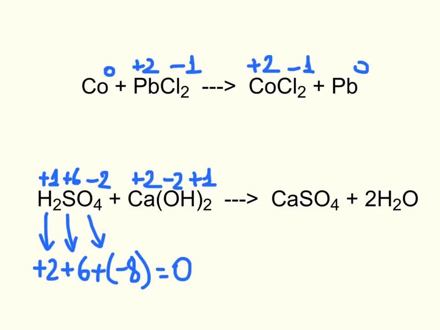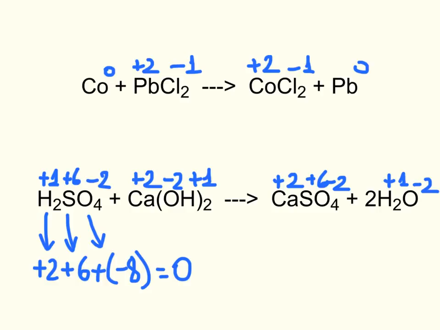And on the product side we have oxygen, which is always minus 2, as well as here the hydrogen would always be plus 1, and calcium plus 2 because it belongs to the group number 2, and sulfur over here will be plus 6. And here's the great point that I want to make.